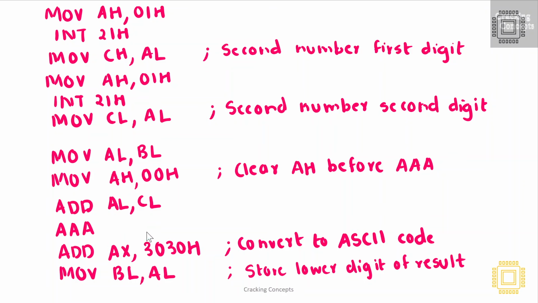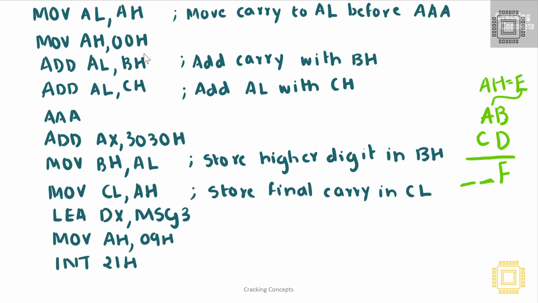I'll be adding 3030H to AX because there are 2 bytes in AX. Now the result in AL will be copied to BL because I'll be using AL for the addition of the higher digit. Similarly, AH also needs to be stored to another register since I'll have to clear AH before the next ASCII adjust.